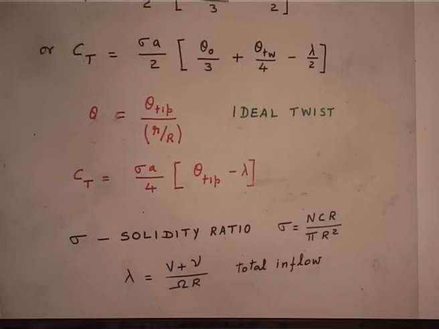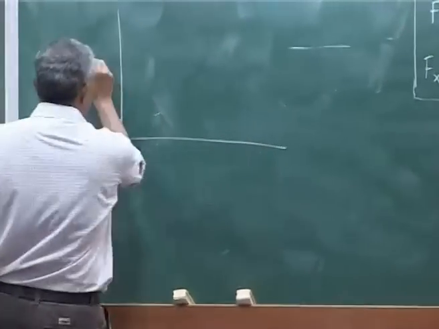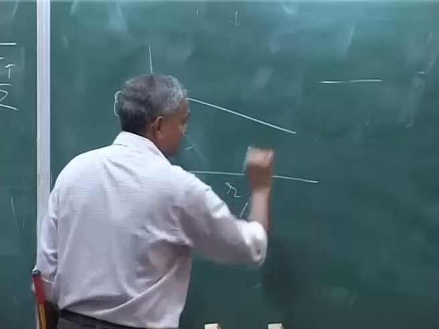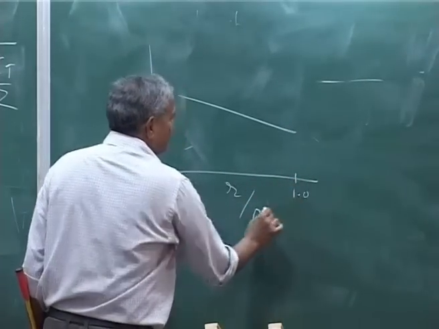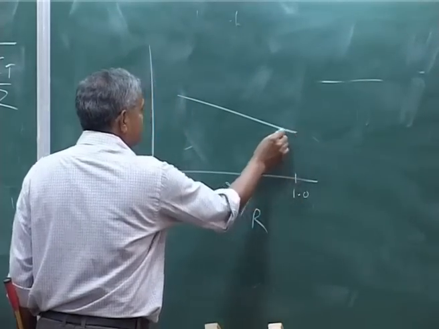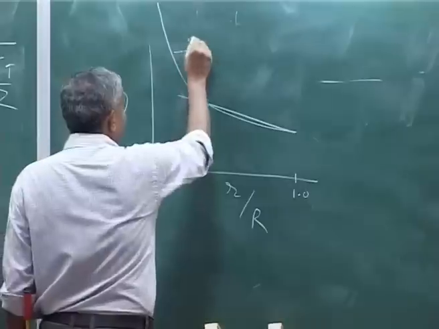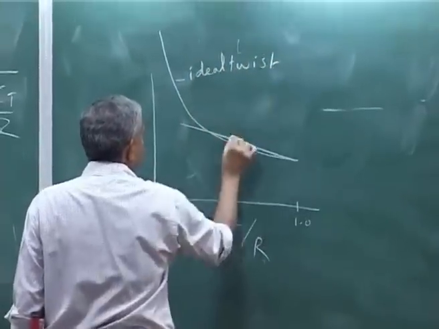Linear twist is a straight line, so it will be, that is theta, and linear twist may be like this, r over R, this is maybe 1, okay. But ideal twist, this is ideal, this is linear.